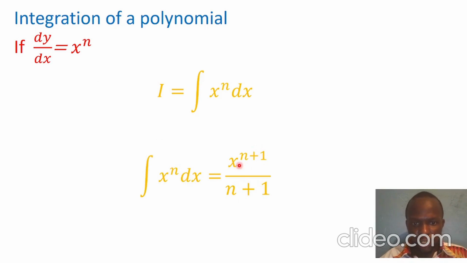So what you're going to do here is to add 1 to the power and then you divide by n plus 1. But you'll have to add a constant there, an arbitrary constant. We are going to see in the example that I'm going to show you, there is an arbitrary constant that you need to add.